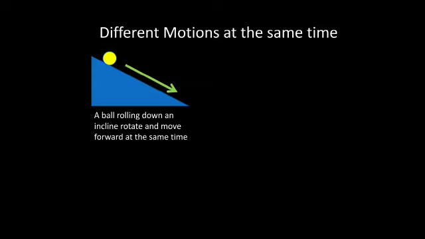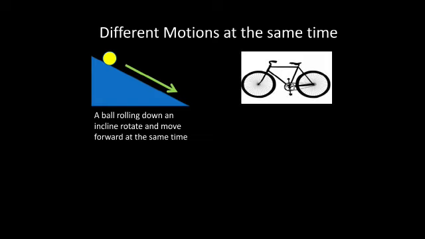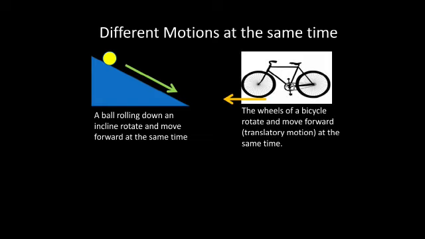One is rotational motion, another one is what? Rectilinear motion. See this picture, the cycle is moving. So, in this case, the wheel of the bicycle rotates because it is moving along an axis, and it is also moving forward, which is following a rectilinear motion.